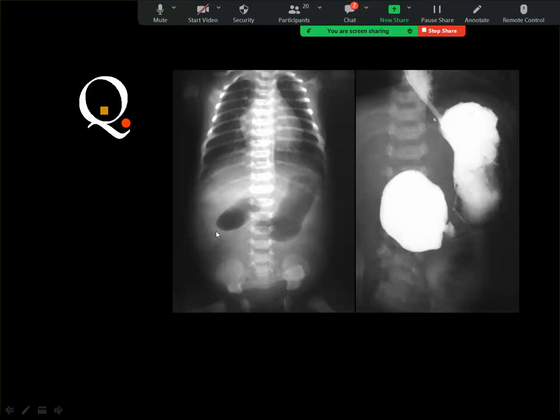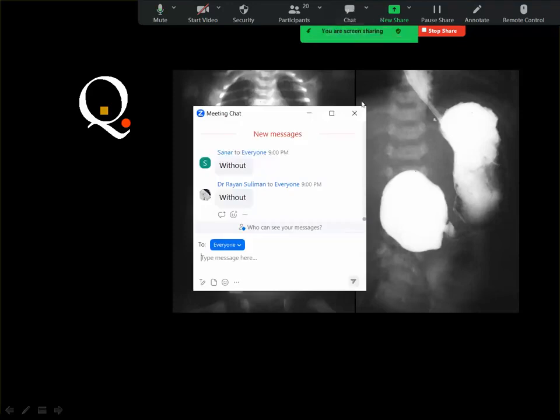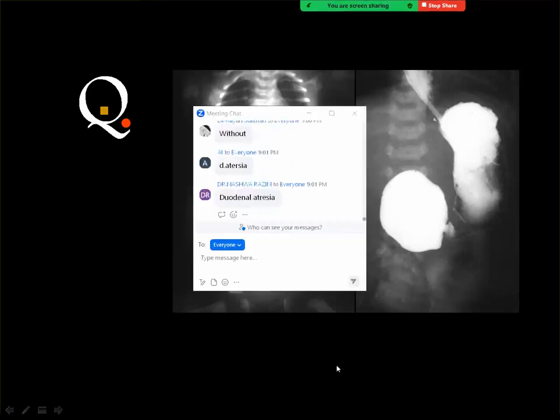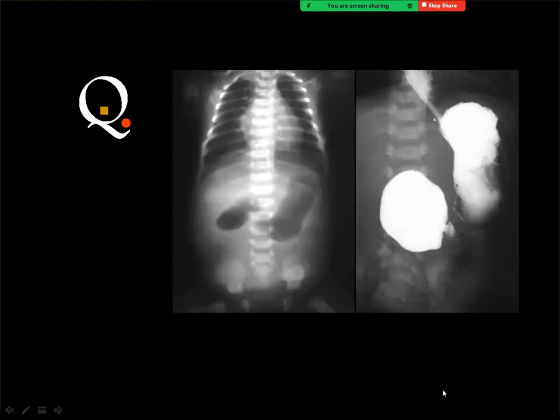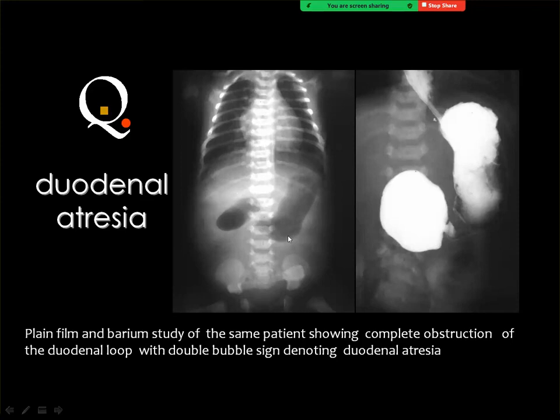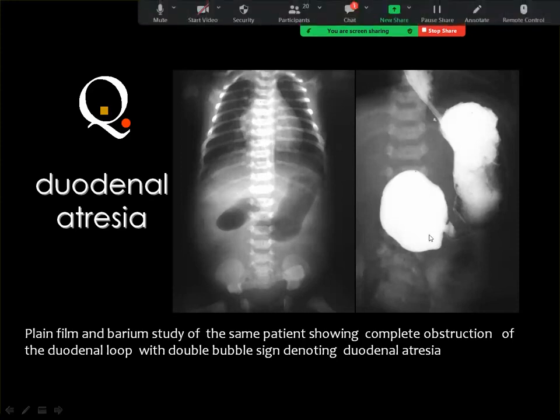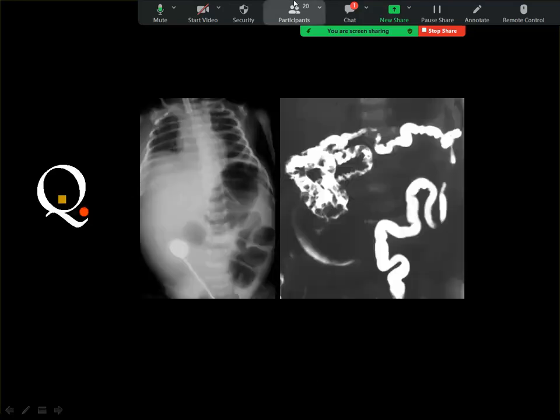Next case is a plain film and barium meal of an infant who is also vomiting. Duodenal atresia. Yes, and this is what we call double bubble duodenal atresia. The first bubble is in the stomach, and the second bubble is in the proximal part of the duodenum. This is characteristic of duodenal atresia, whether from the plain film or from the barium study.